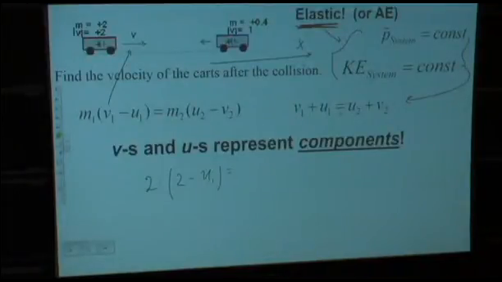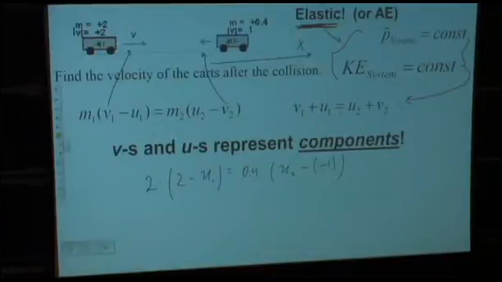And that has to be equal to 0.4, which is the mass of the second cart, times this minus the x component of this velocity. And that has to be a negative component because it's opposite. The magnitude of the velocity equals 2. So this is the most general case when masses are different, speeds are different. That's the first equation.